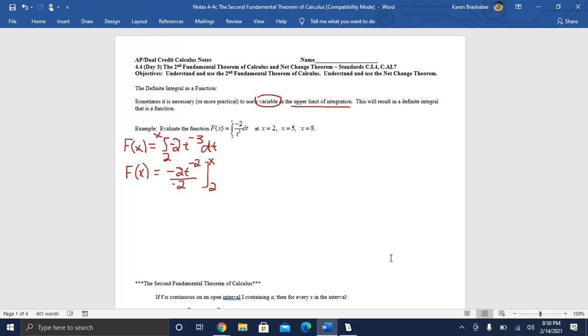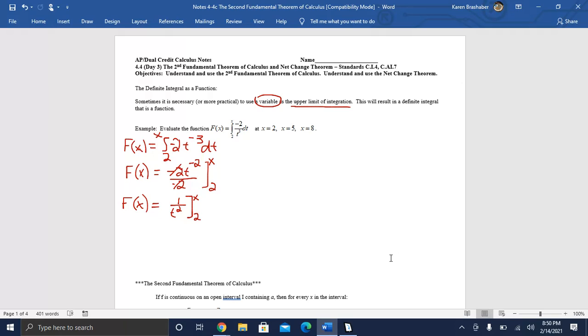So I'm going to simplify, canceling out the negative 2's, and I'm going to rewrite the t to the negative 2 in the denominator with a positive exponent. So that'll be 1 over t to the second power, still evaluated from 2 to x.